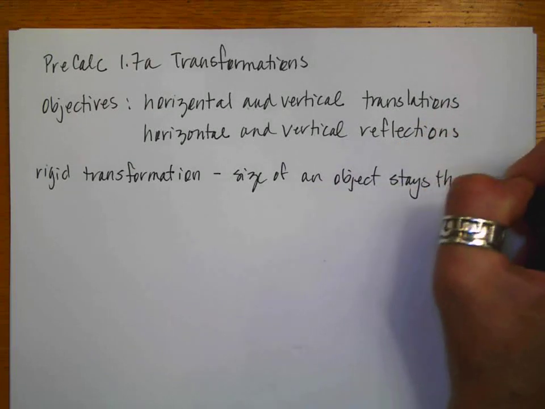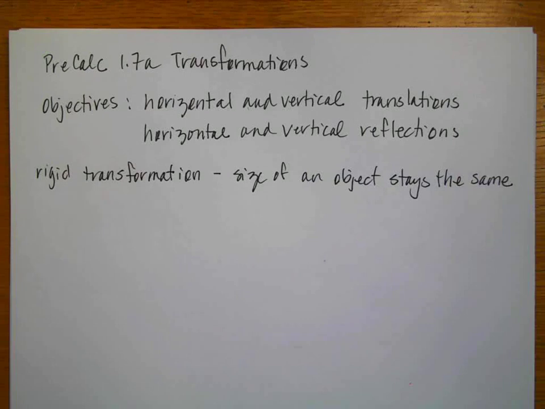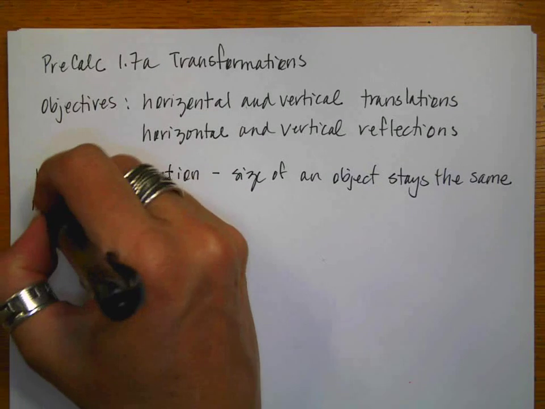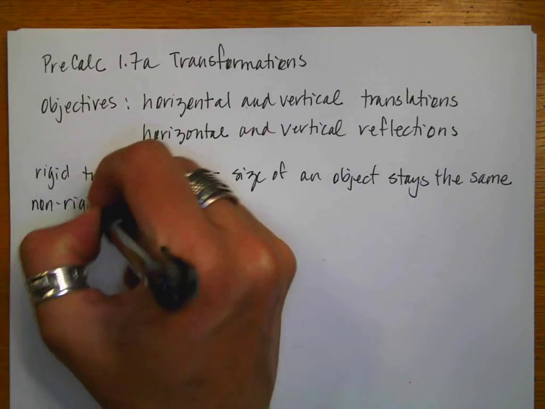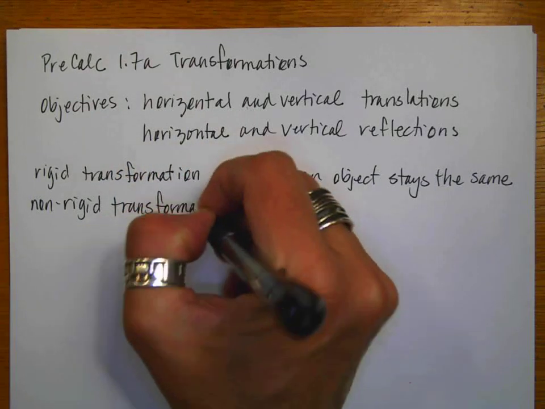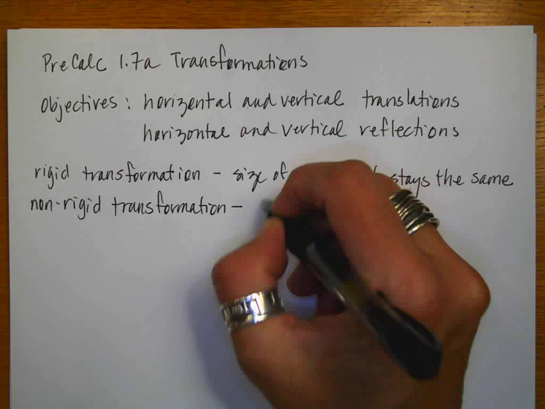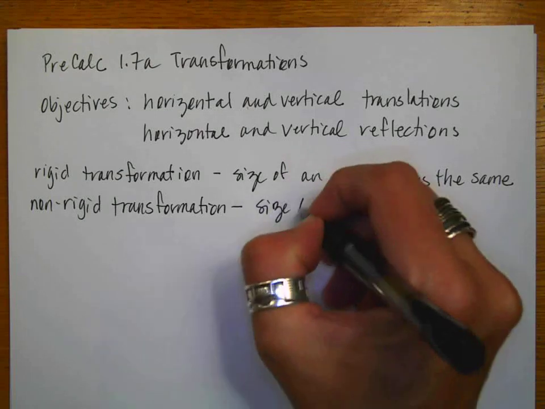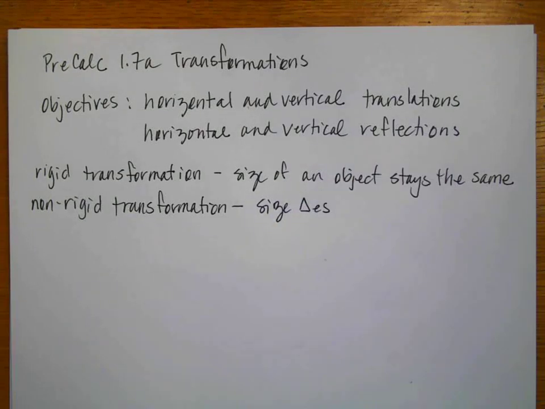It might change orientation, it might change location, but it's not going to change size. Then a non-rigid transformation, that's a long word, is going to be one where the size changes, okay? All right, and I'm a little bit lazy, so I like to write change with a triangle.